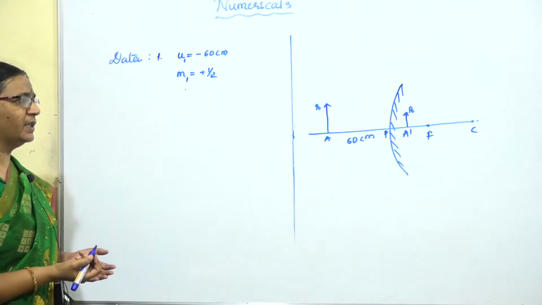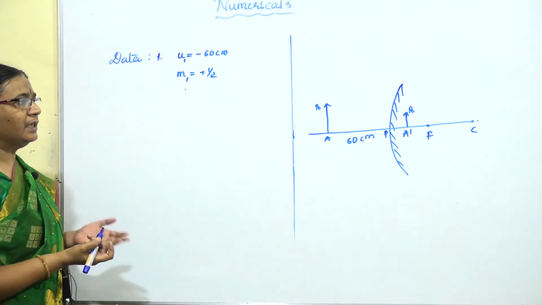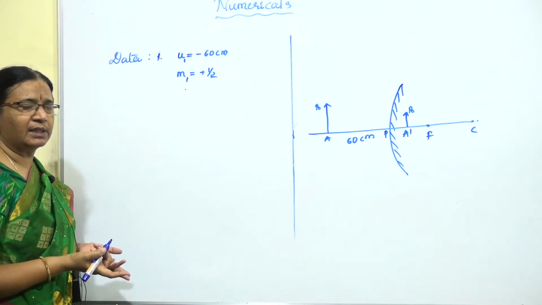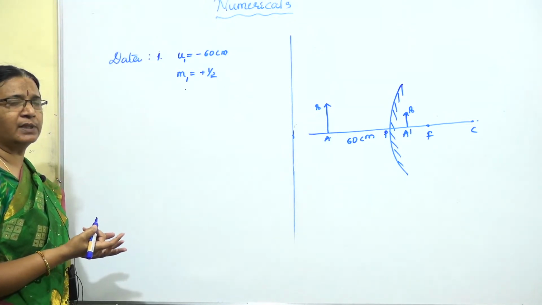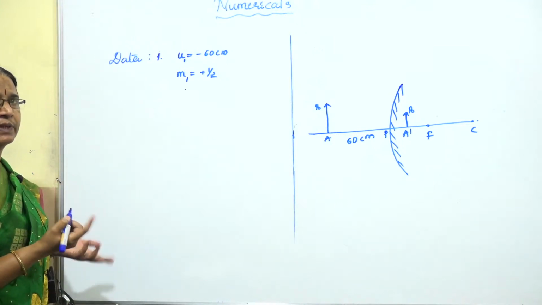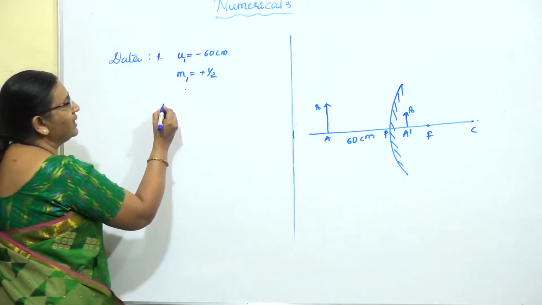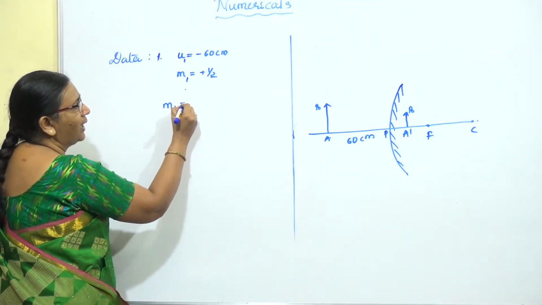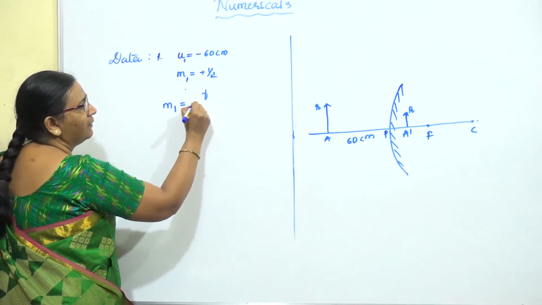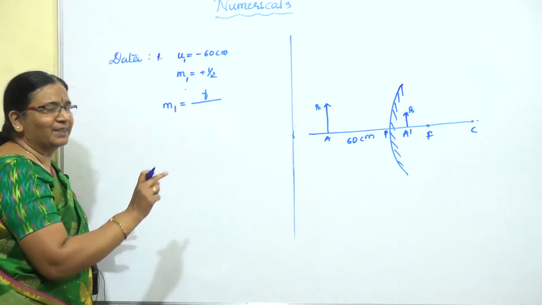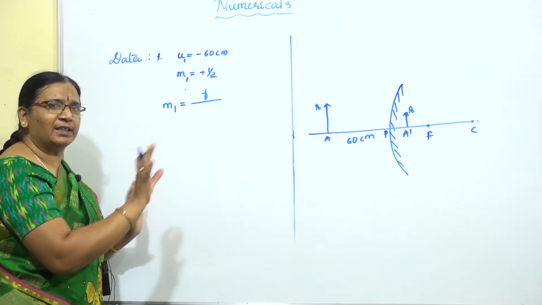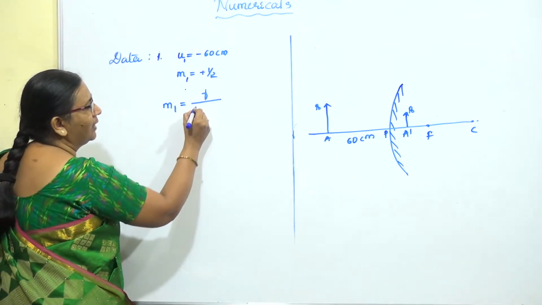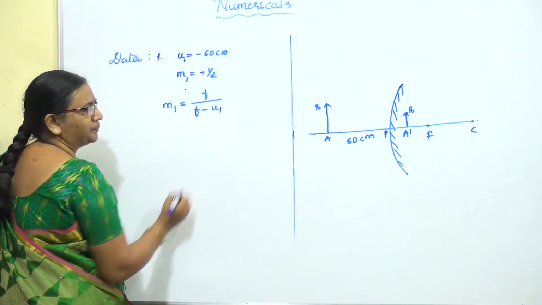Before going further, I need the focal length or some other data. So let me go for first finding the focal length, so we can solve the things. Using this, first find the focal length, using the formula M equals F divided by F minus U1.